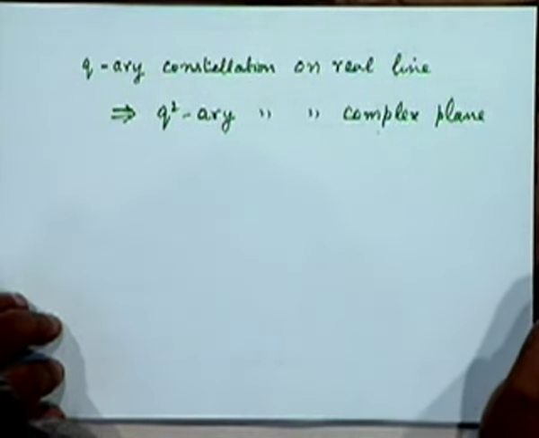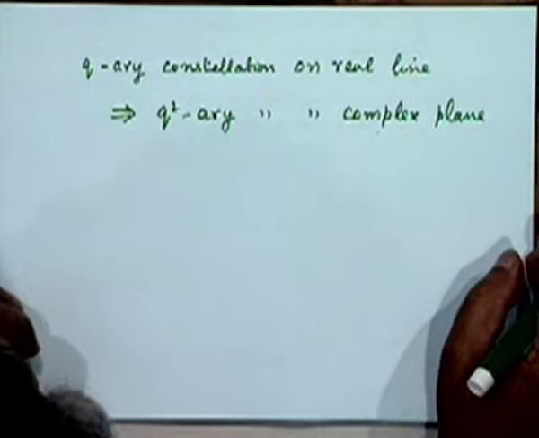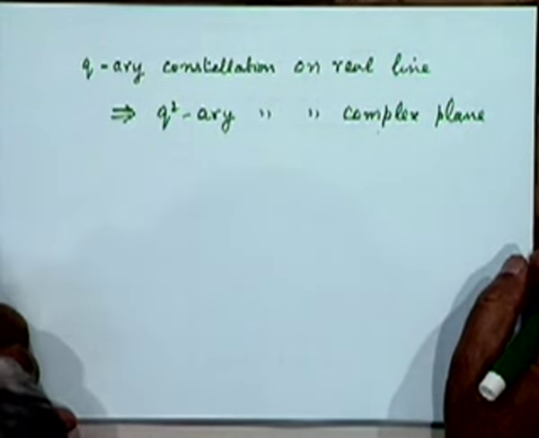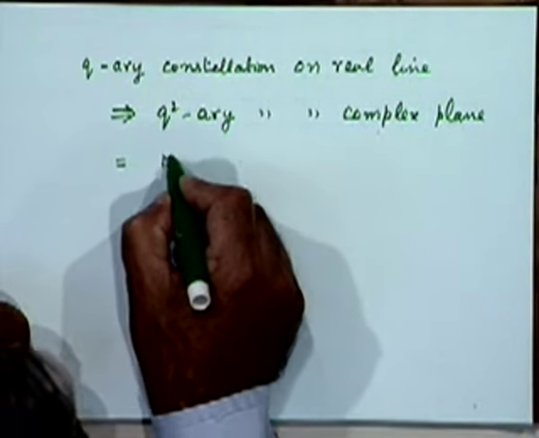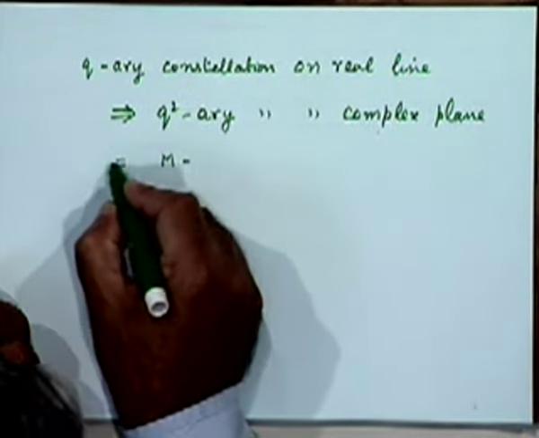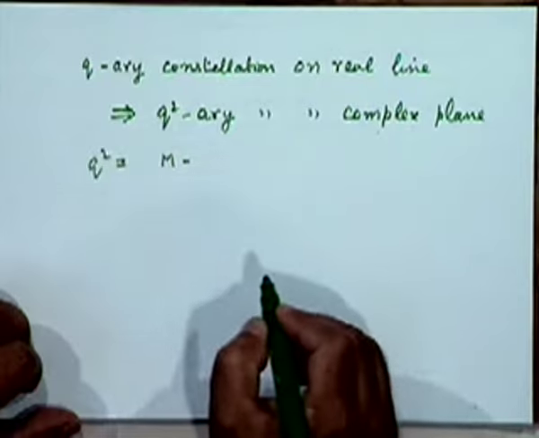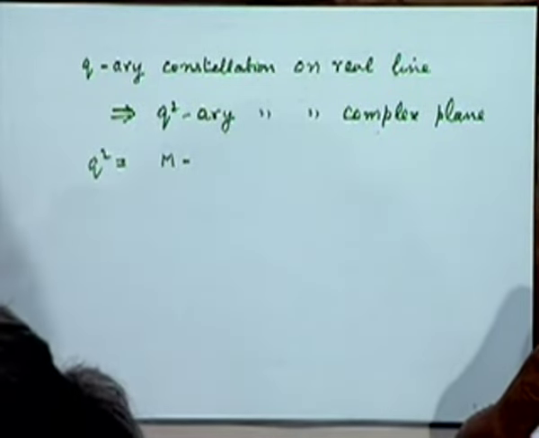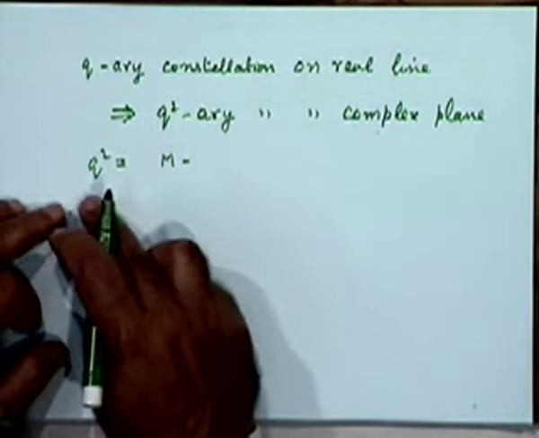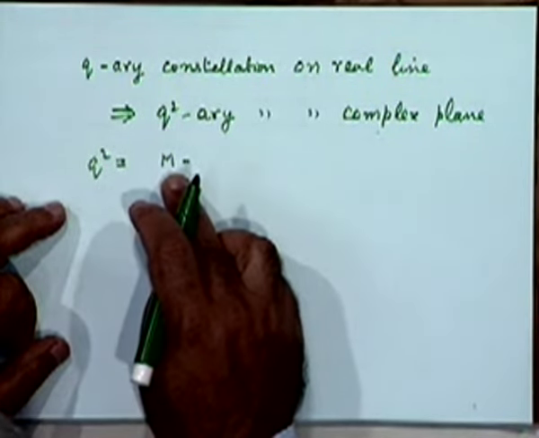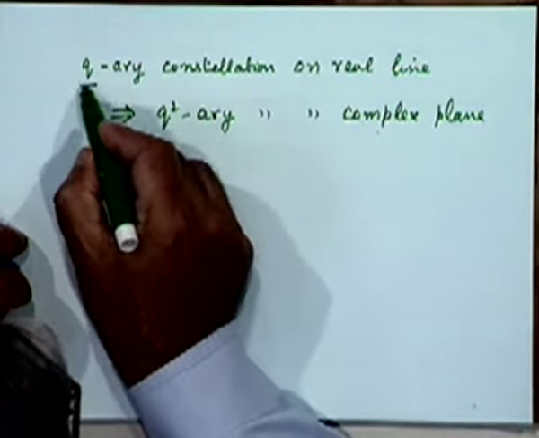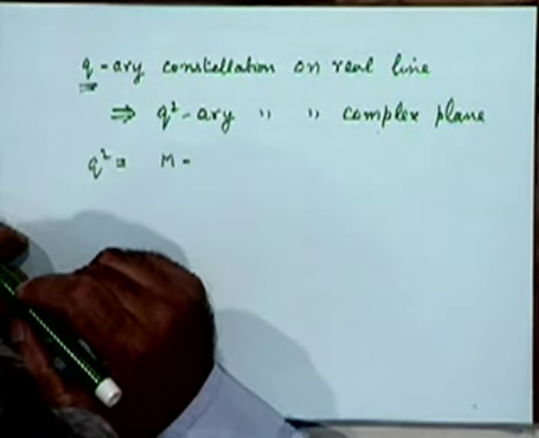So that would mean you would be transmitting log 2 of Q bits at a time. Suppose we define Q square equal to M, so we have an M-ary modulation scheme where M is Q square. This is our new value of M now. That is why I have defined this to be Q rather than M.